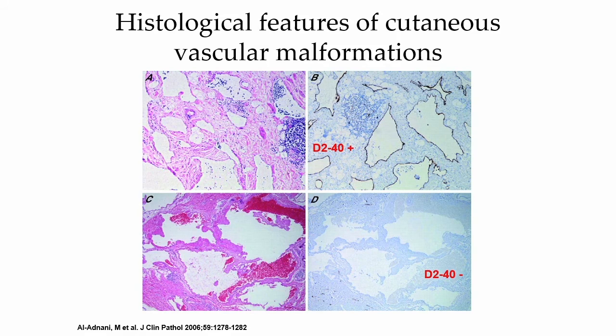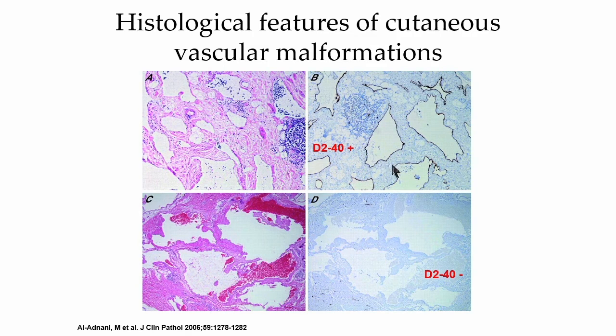But as you can see under the light microscope, a blood vascular malformation, like a venous malformation, which is down below, and a lymphatic malformation up above look exceedingly similar. A pathologist would have a great deal of difficulty differentiating these two.